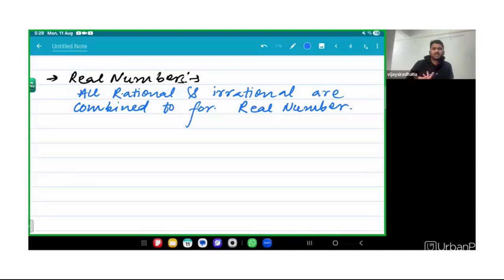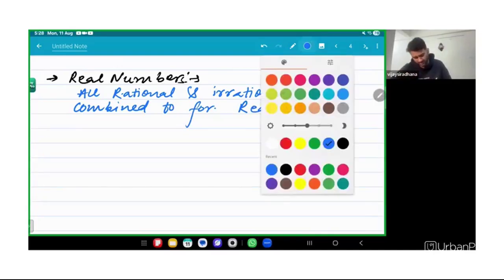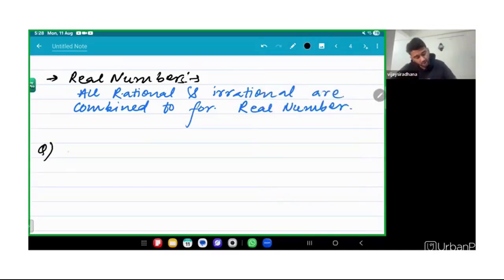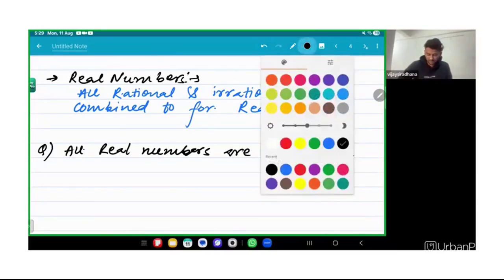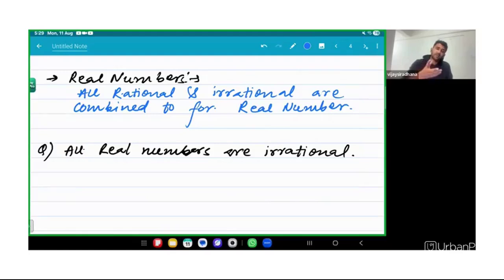Now, you might get a statement like: all real numbers are irrational. What do you think? Are all real numbers irrational? No, they are not. Because real numbers are something where rational numbers are also there.